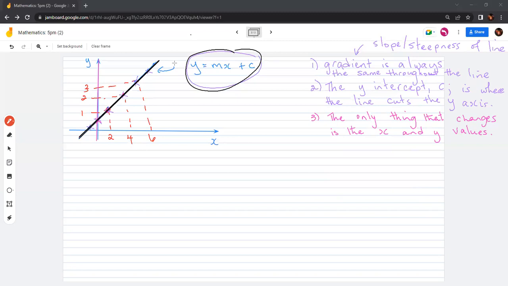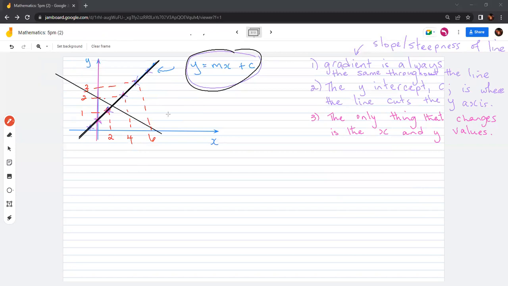Remember, the gradient simply means the steepness of the slope or the steepness of the line. So your line could be like this, or even in the next direction at a negative slope.